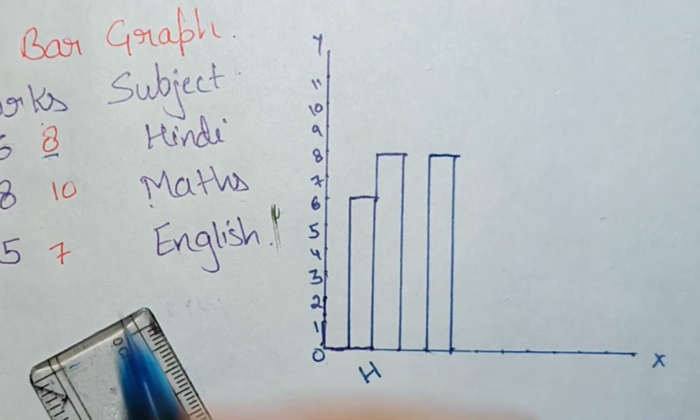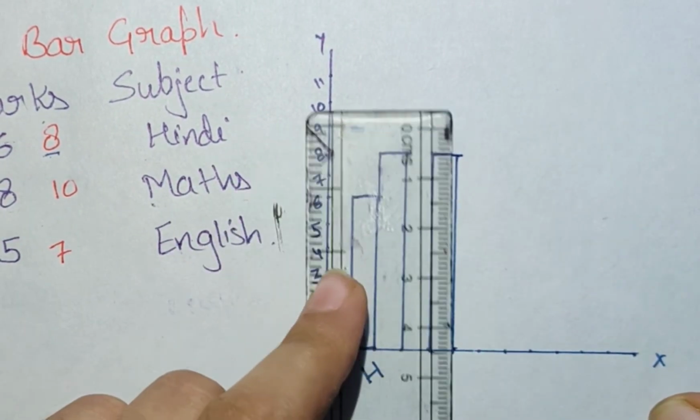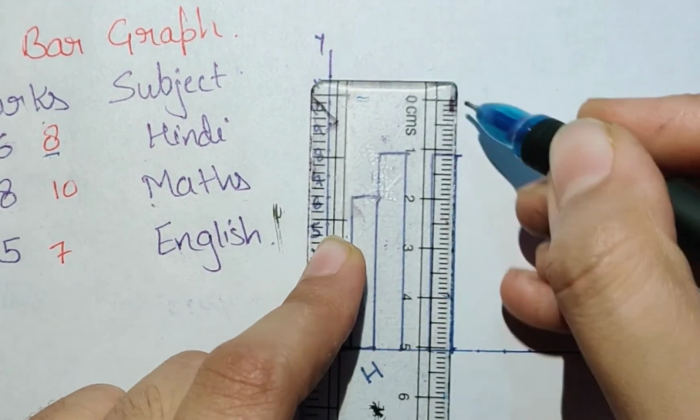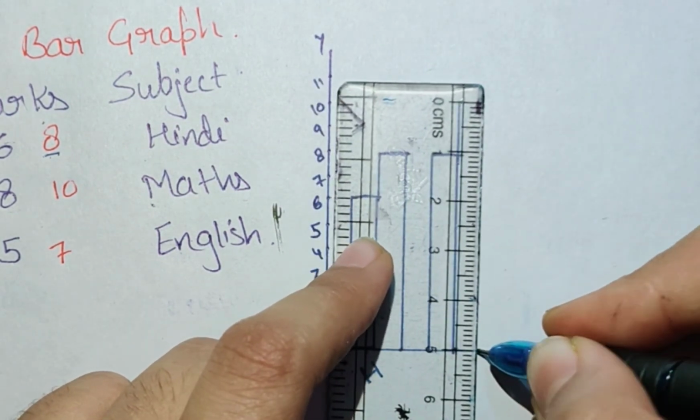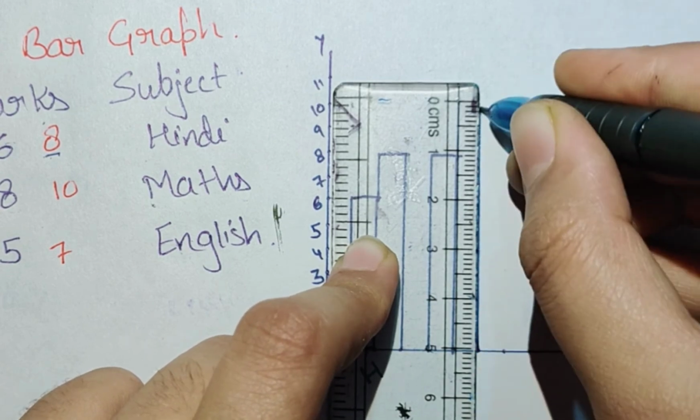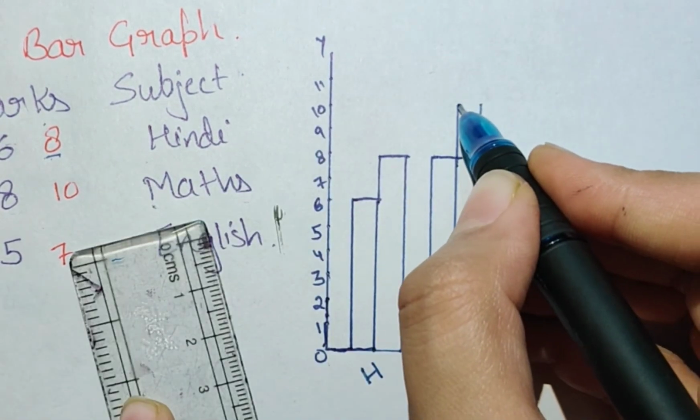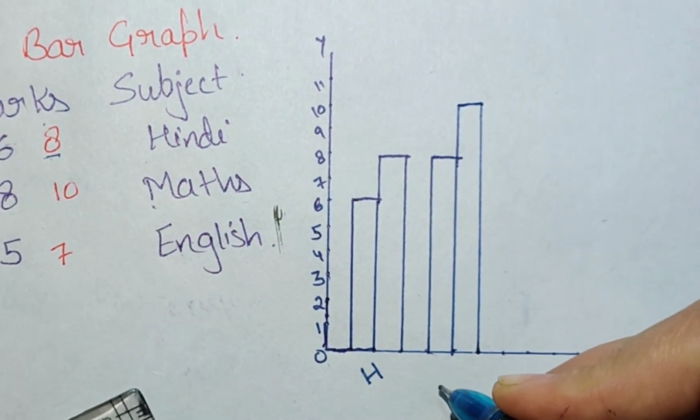Now next are 10 in maths. So these are the marks of maths.